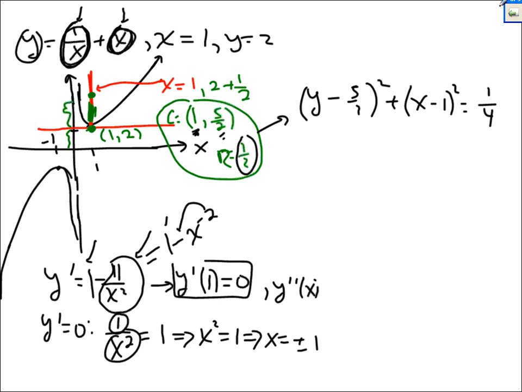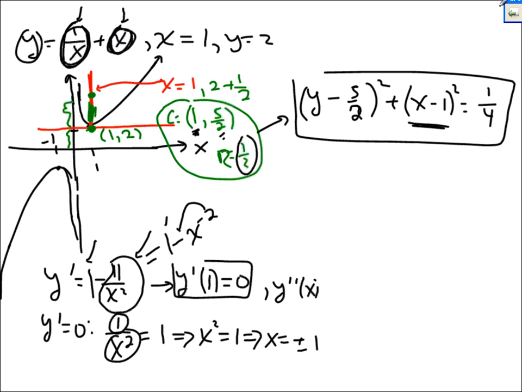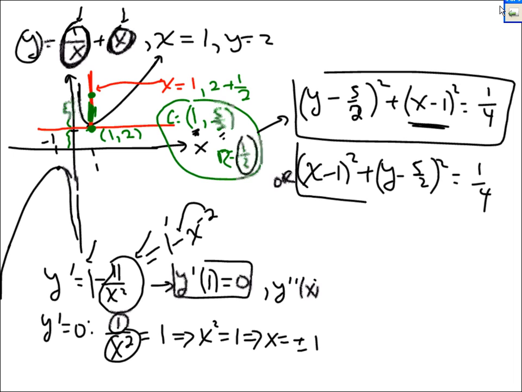Square 1, you get 1. Square 2, you get 4. 1/2 squared is a quarter. That should be a 2. And here it is. Of course, you could have written the x minus 1 squared first. Could have said x minus 1 squared plus y minus 5/2 squared equal to a quarter. And it's exactly the same. Addition commutes.